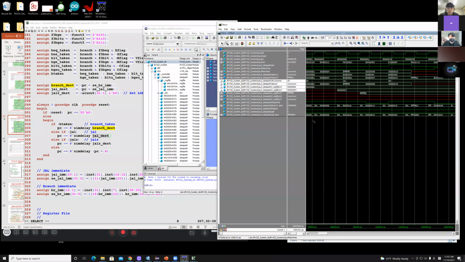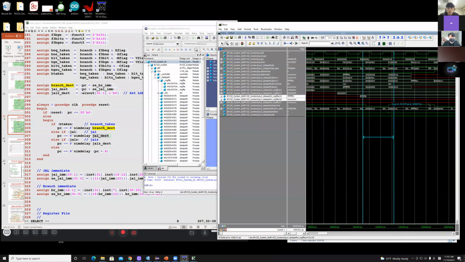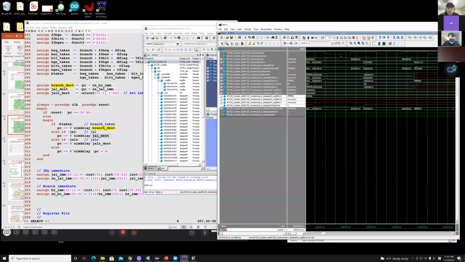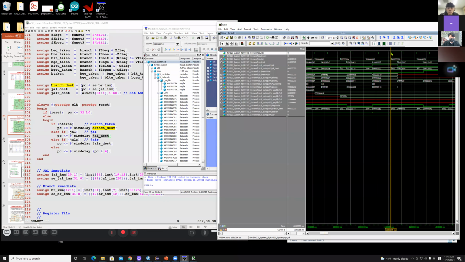So, JAL destination. Look at this. At the rising edge of the clock, JAL destination is 20.